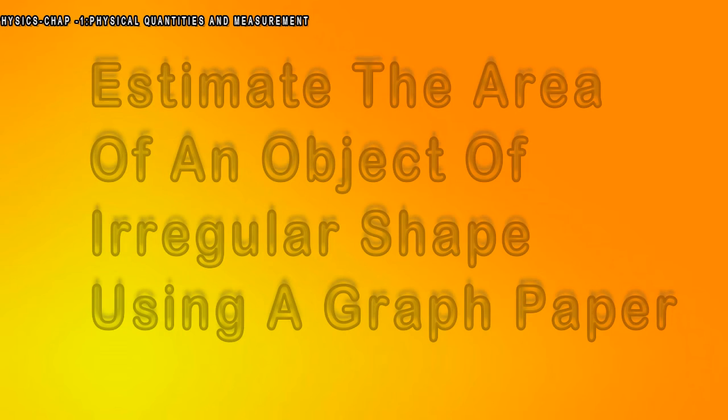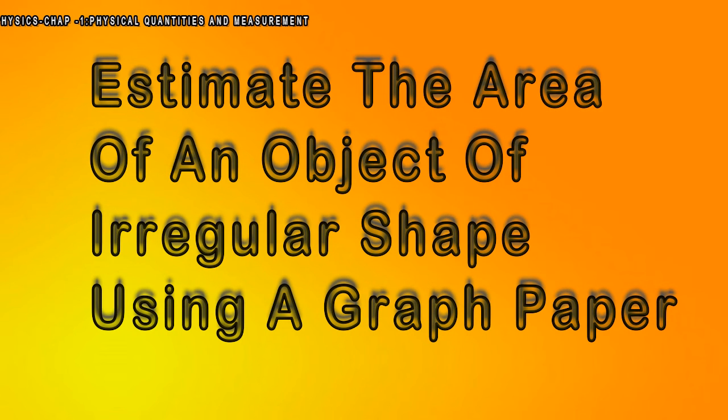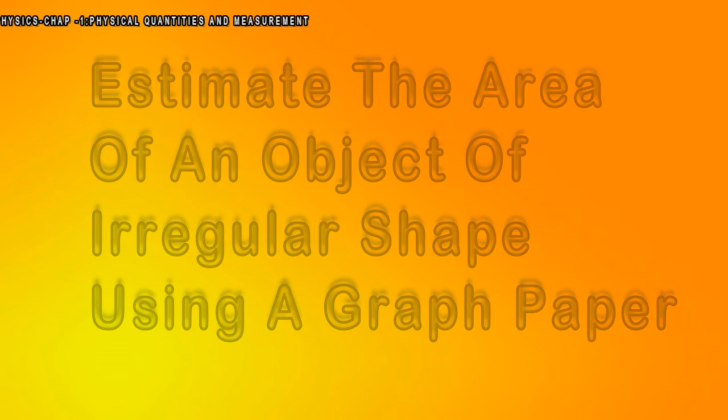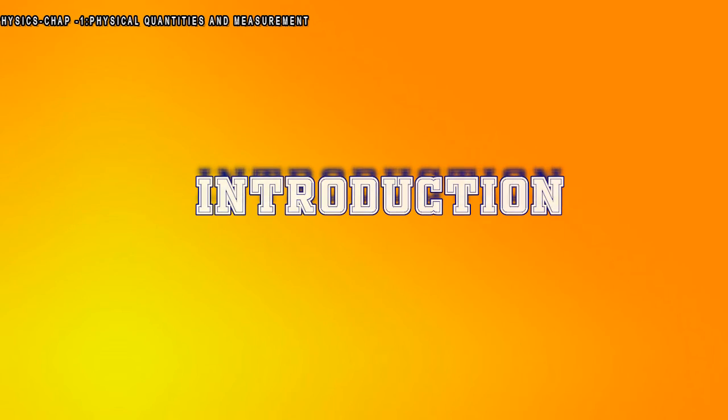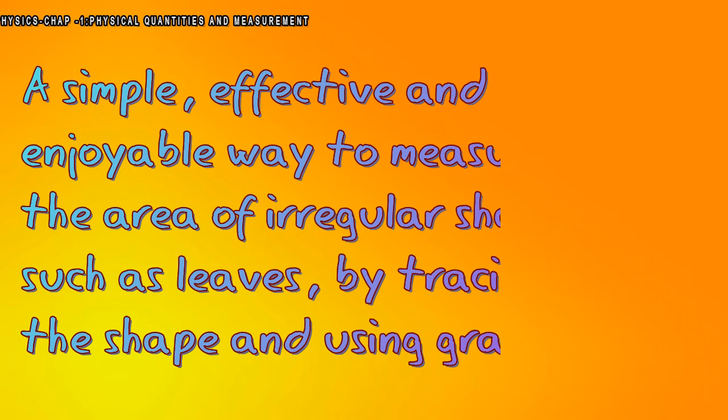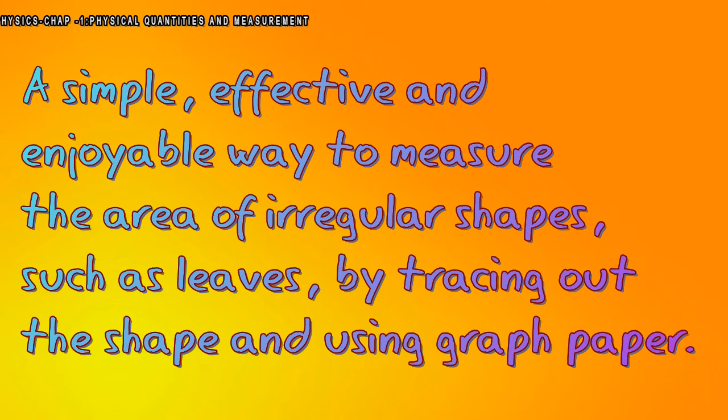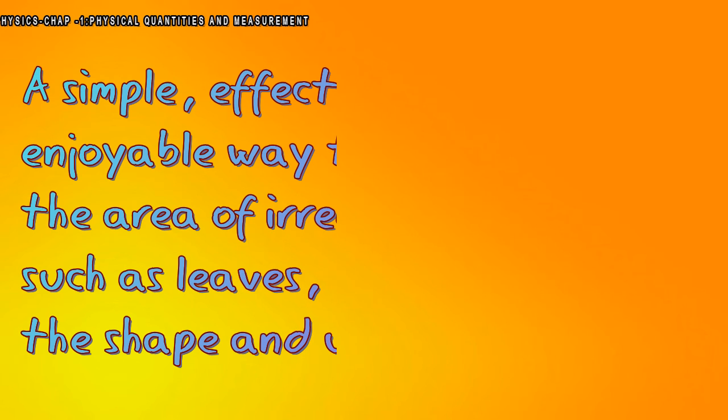So, in this context, that is, area of irregular shape, let us take an activity to measure the area of a leaf. A simple, effective and enjoyable way we will be discussing here to measure the area of irregular shapes such as leaves is by tracing out the shape and using graph paper.